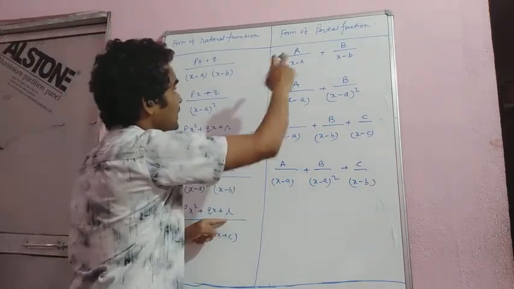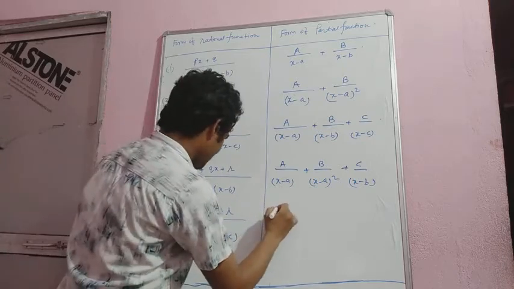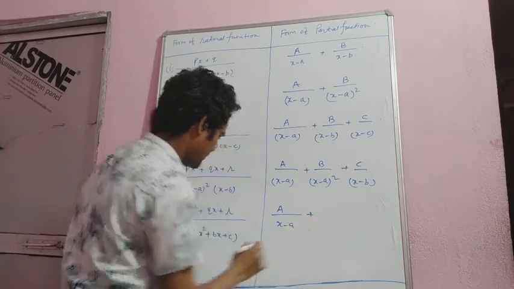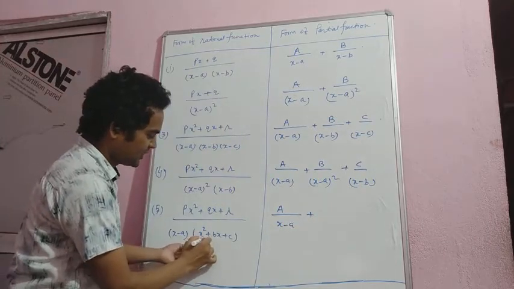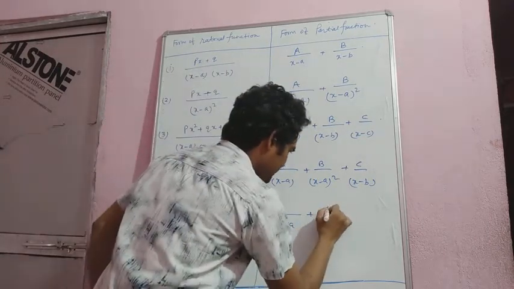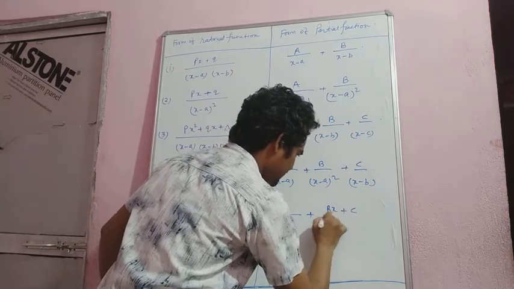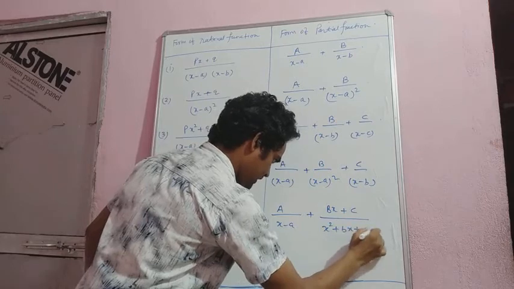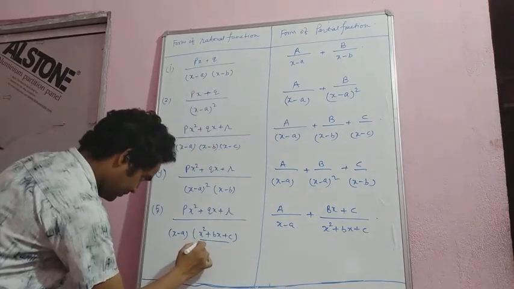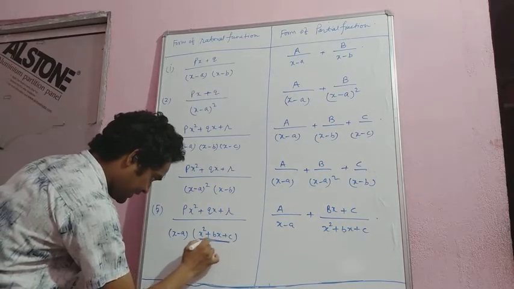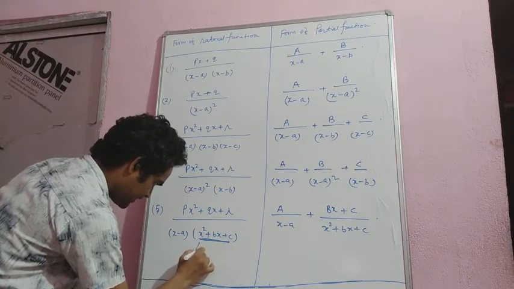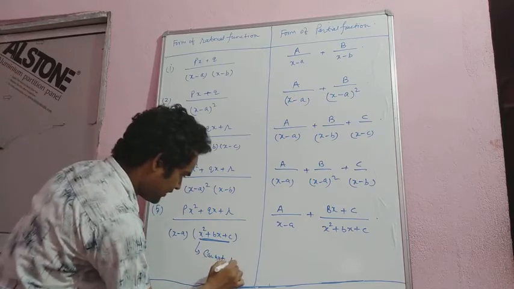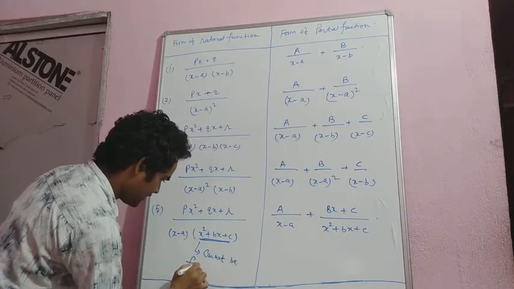Its partial fraction will be A upon x minus a plus, for this quadratic, (Bx plus C) upon (x square plus bx plus c). Here this polynomial cannot be factorized further.